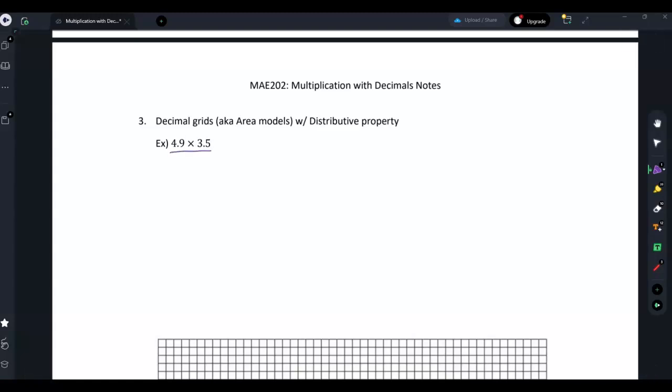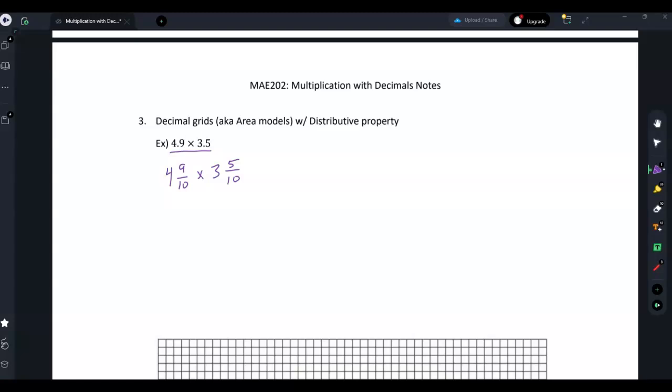I have 4 and 9/10 and 3 and 5/10. And so one way that we could think of this is to change them to fractions, 4 and 9/10 times 3 and 5/10.